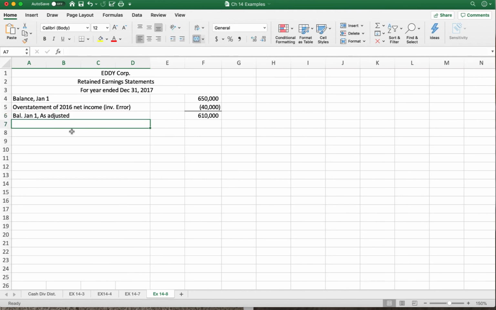Okay. Now we need to go ahead and prepare the retained earnings section, right? This should be a no-brainer because we did this in accounting 1. So the first thing I need to do is add things. What do I need to add? Well, I need to add net income, right? What was the net income for 2017?